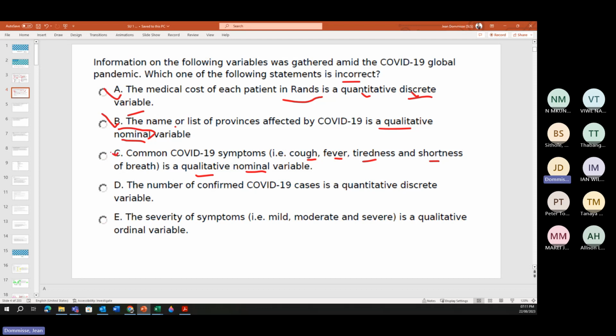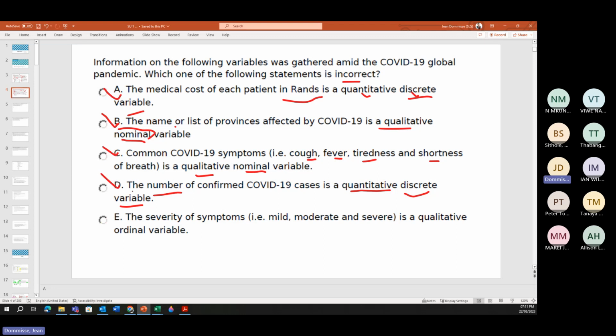So again, that is correct. The number of confirmed COVID-19 cases is quantitative discrete variable. Number of, so it's 1, 2, 3, 4, 10, 100, 1,000, whatever. So again, quantitative discrete variable is correct.